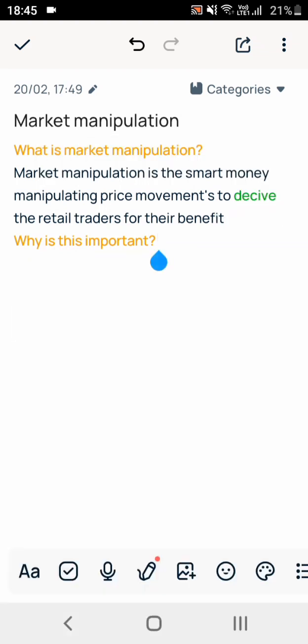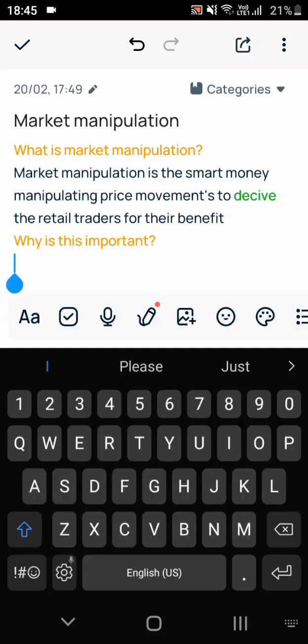Deception. So those 90% of traders that do not succeed, the main reason is that they do not understand that they are being deceived by smart money for their benefit.